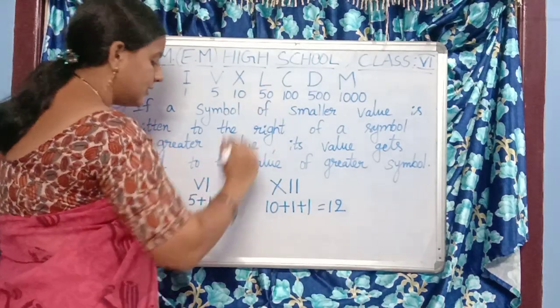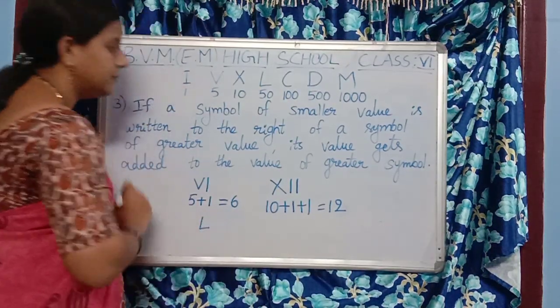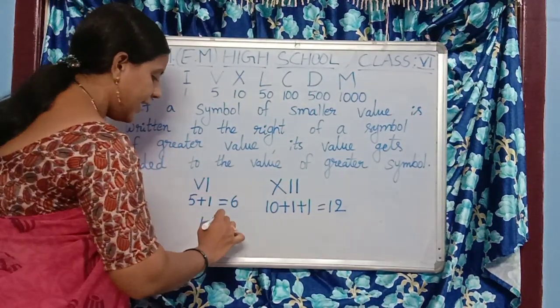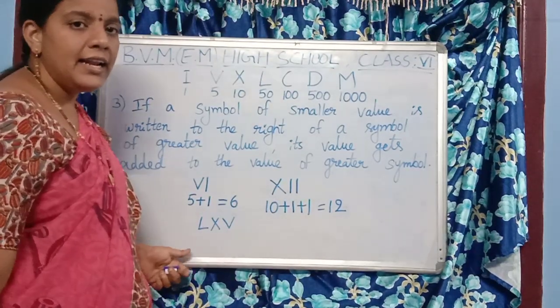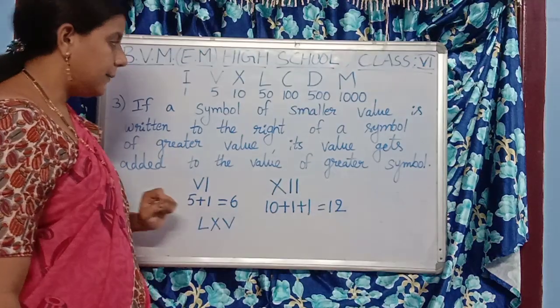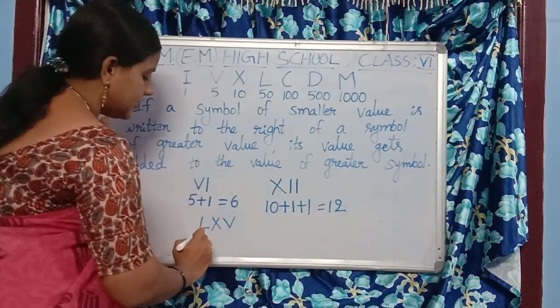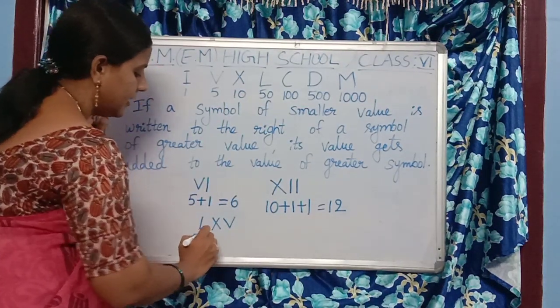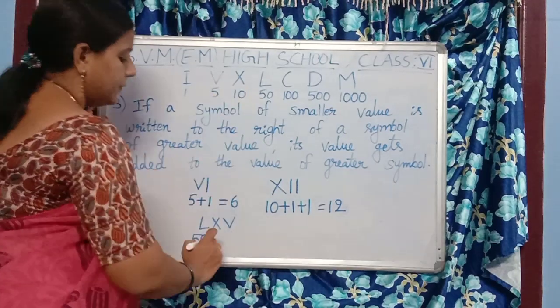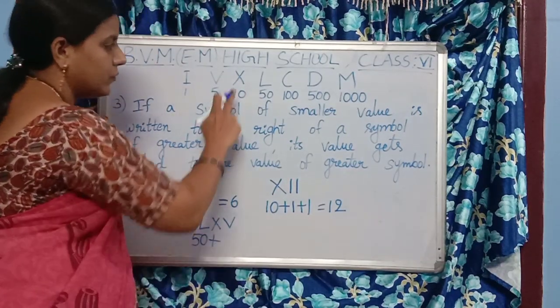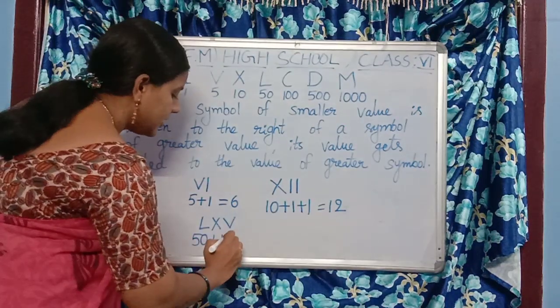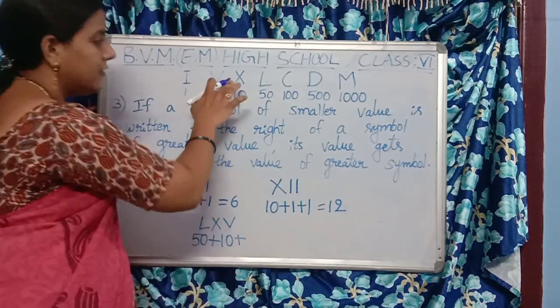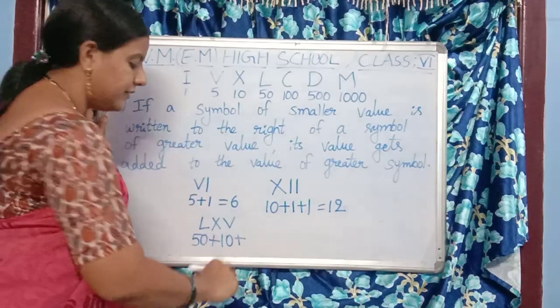Next, L X V. L represents 50. X is the smaller one, yes or no? Plus 10, and V represents 5.